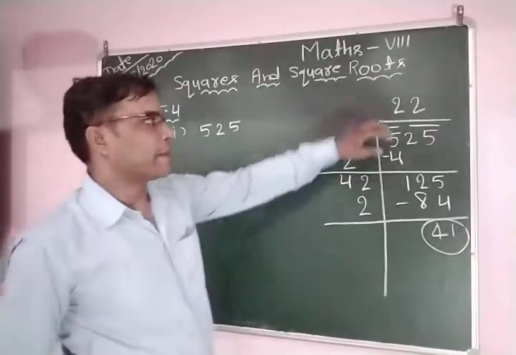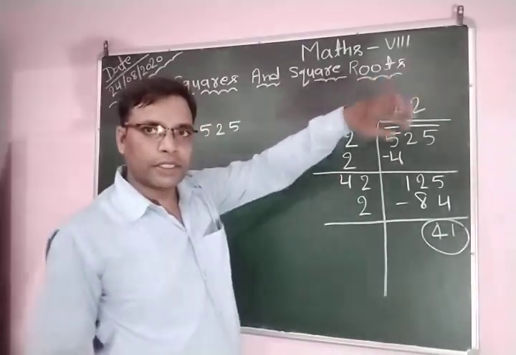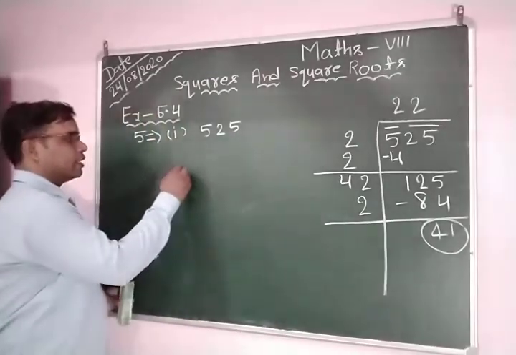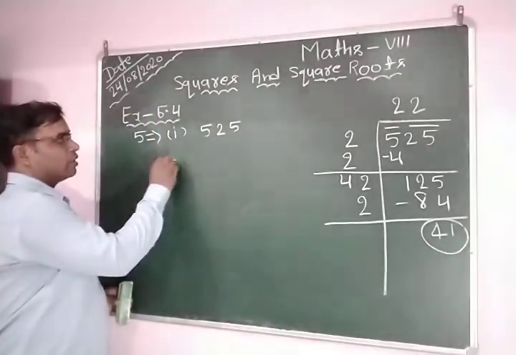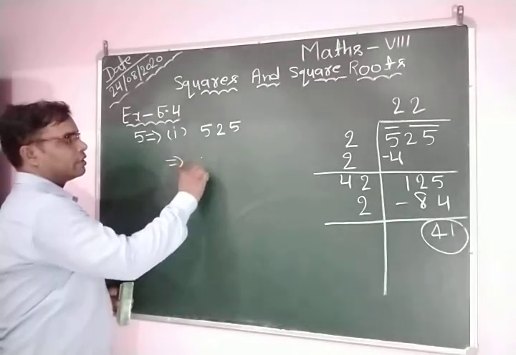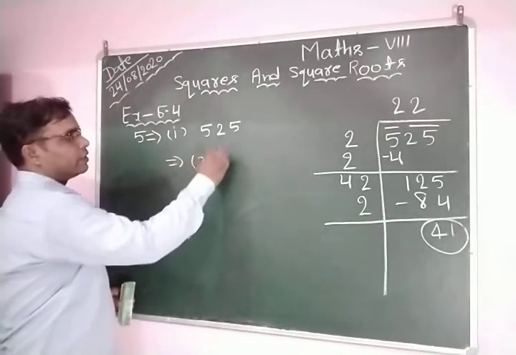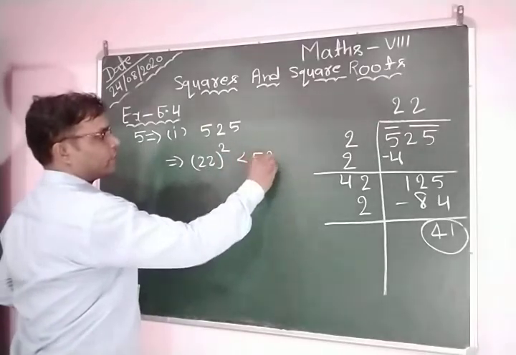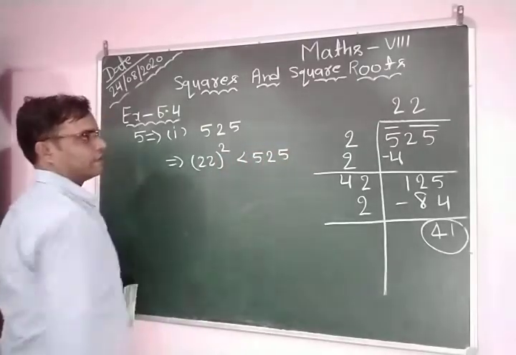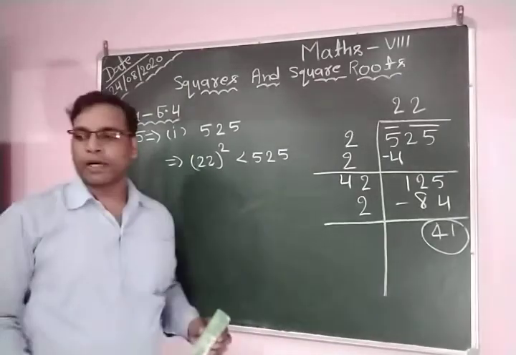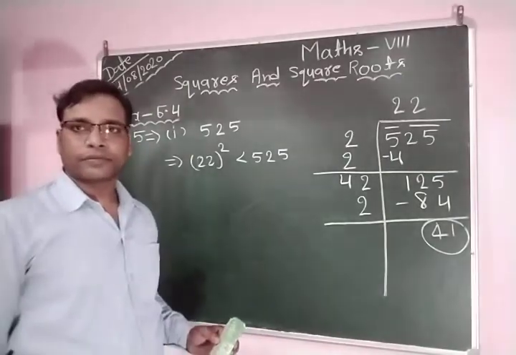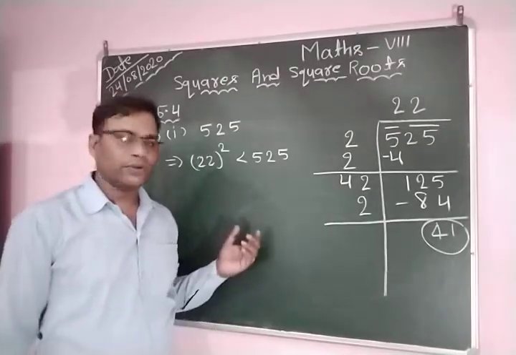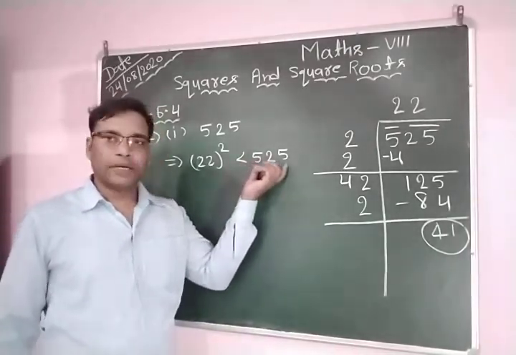So the quotient is 22. It means that the square of 22 is less than 525.